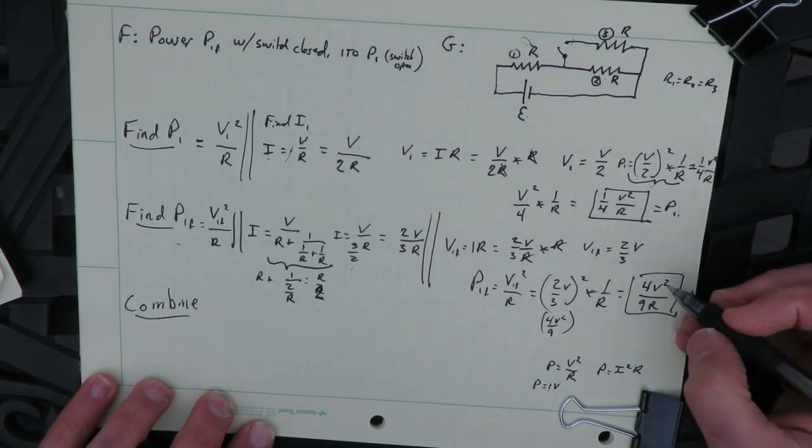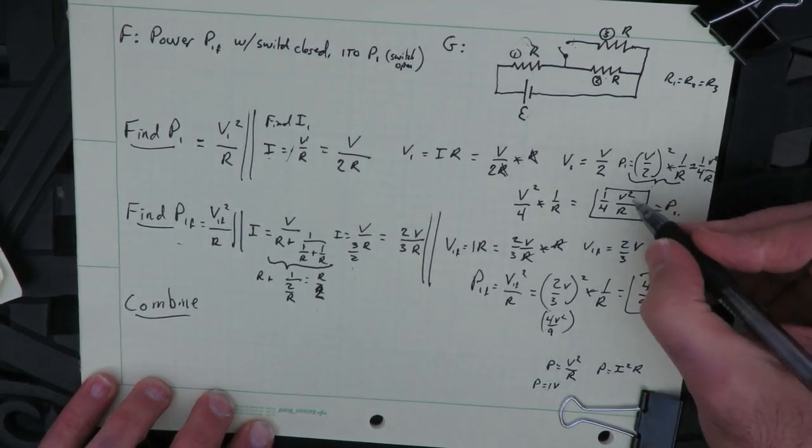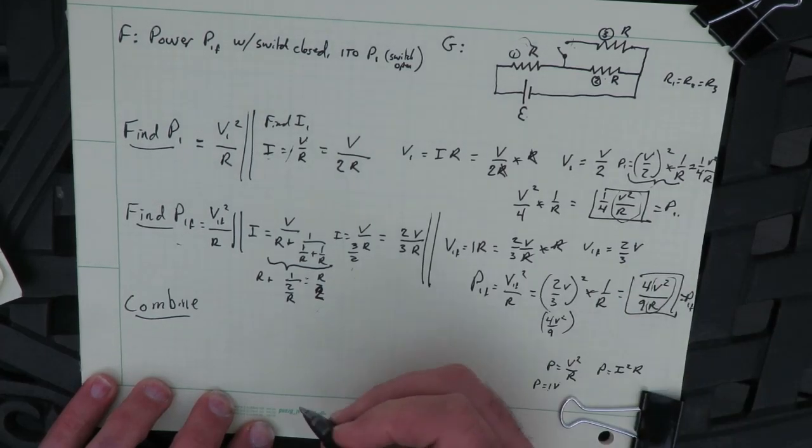Now we're going to combine them because the V squared over R is a common term in both of them.